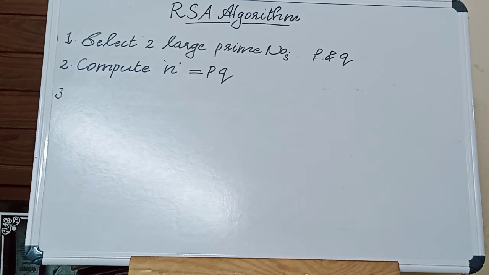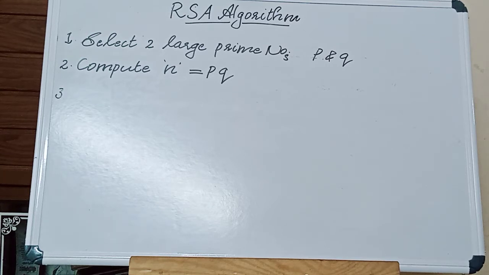Our aim is to perform encryption and decryption using RSA algorithm. For performing encryption and decryption, first we should find the public and private key.